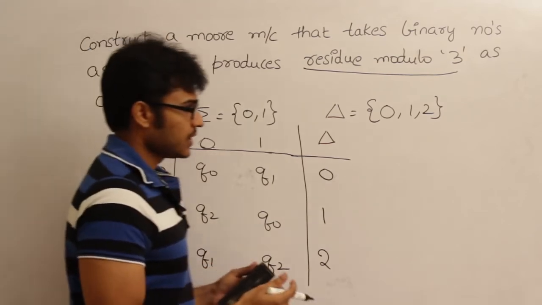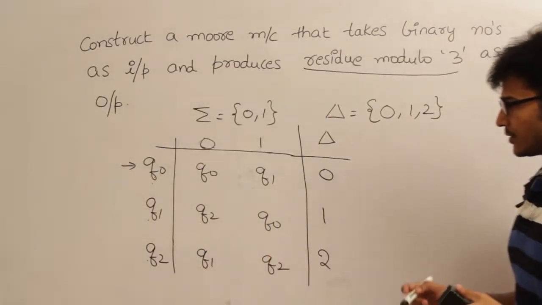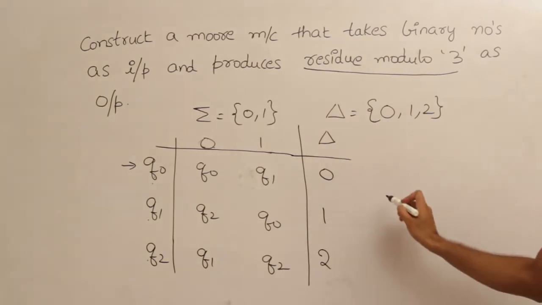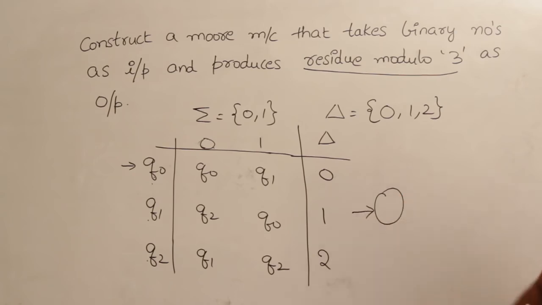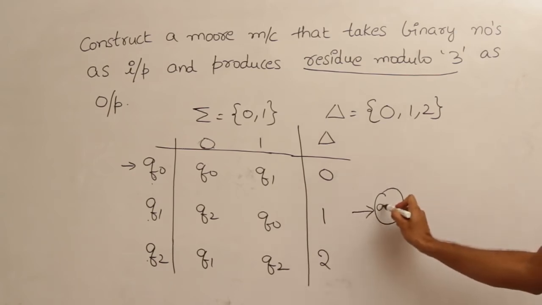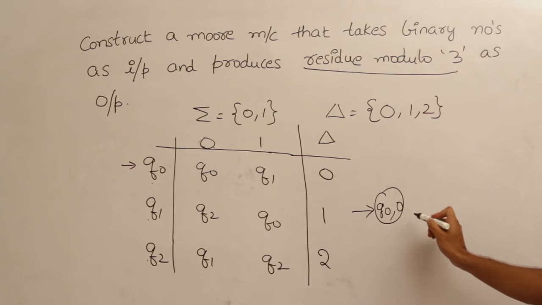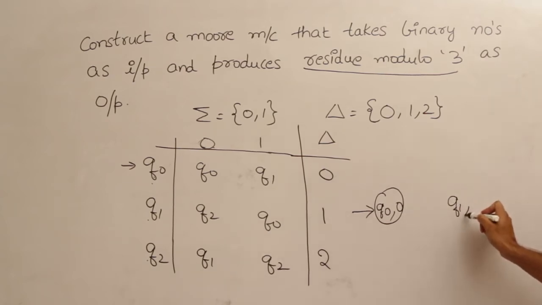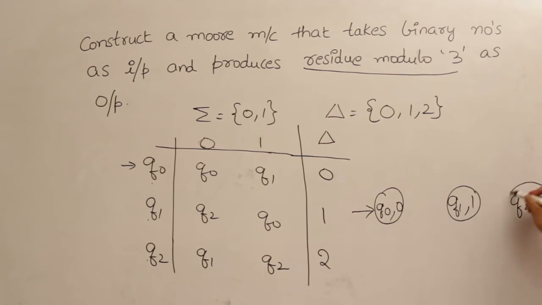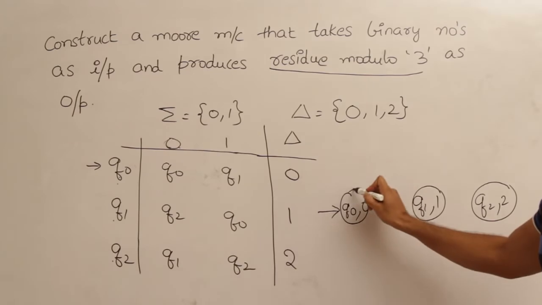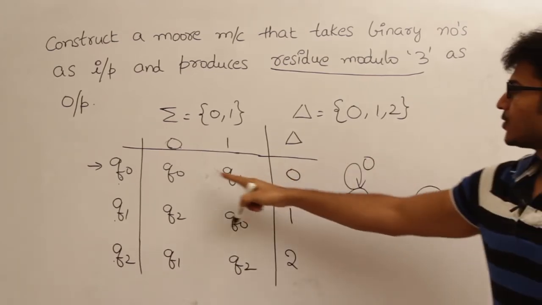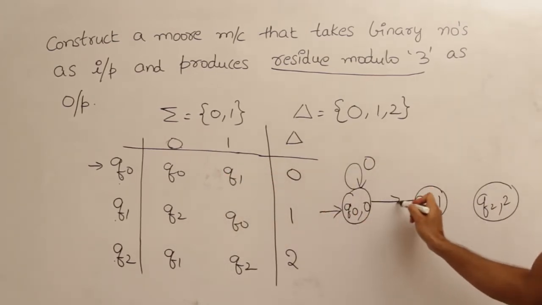Or you can even draw the state transition diagram, not the table. In the diagram, in Q0 you print 0, in Q1 you print 1, and in Q2 you print 2, since these are the remainders. Q0 on 0 goes to Q0 itself, and Q0 on 1 goes to Q1.